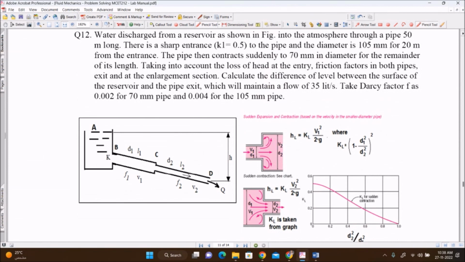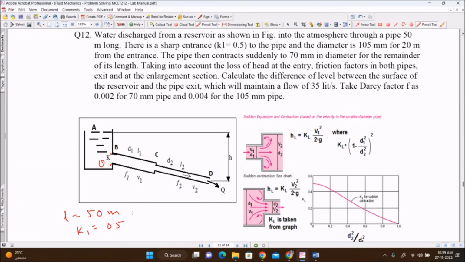So water is discharged from the reservoir, as shown in figure, into the atmosphere through a pipe of 50 meter long. So L is equal to 50 meter long. With the sharp edge entrance, there is a friction loss K1 is equal to 0.5.